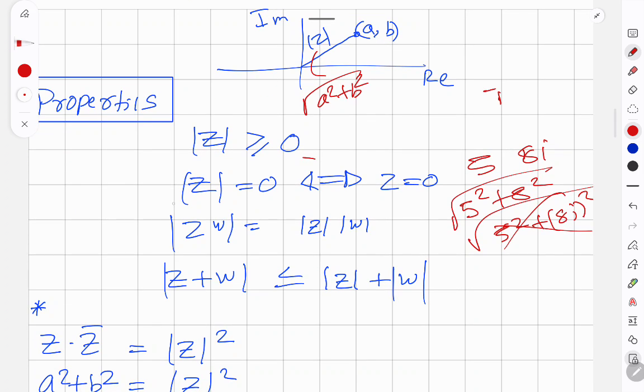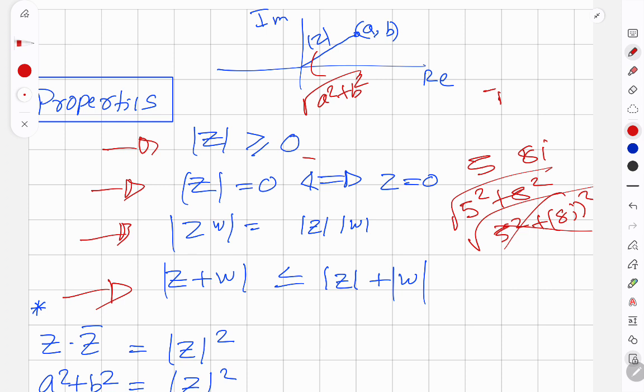One more property, I will not prove this. If you want the proof, you can check it on the internet, or use some AI tools to get the proof or verification. If the modulus of the complex number is 0, that implies the complex number is 0, and vice versa.